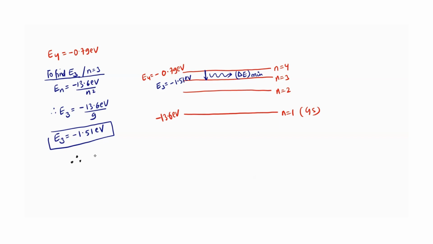We have this. Now we can write, therefore, delta E equals hc by lambda max, and delta E is, we have atom de-excited from n equals 4 to n equals 3, E4 minus E3, equals hc by lambda max.